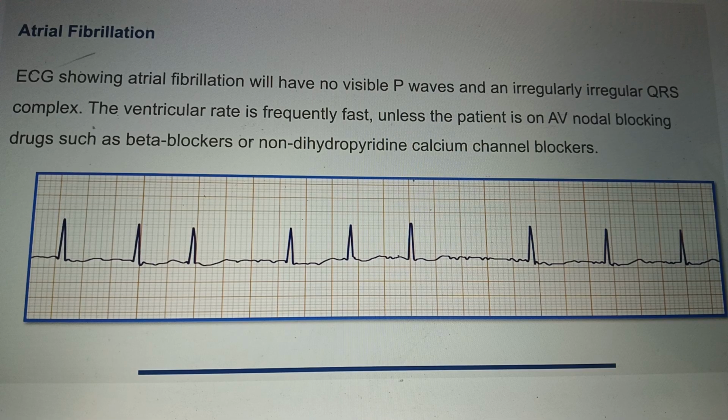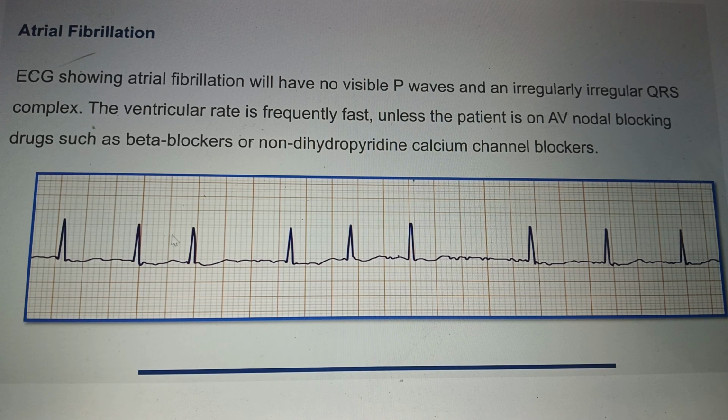Next, another atrial tachycardia is atrial fibrillation. Here the main thing, the RR interval is not normal. That means the 2 R peaks are not evenly spaced. If you see over here, the number of small boxes and large boxes is not equal, right?